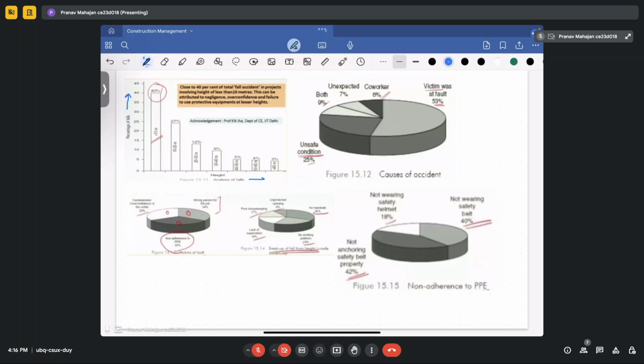So when the height of the building is less than 10 meters, 40% of the accidents occur there. As the height of the building increases, accidents related to falls decrease. That is because people also get afraid of large heights, and they adhere to the required safety precautions.